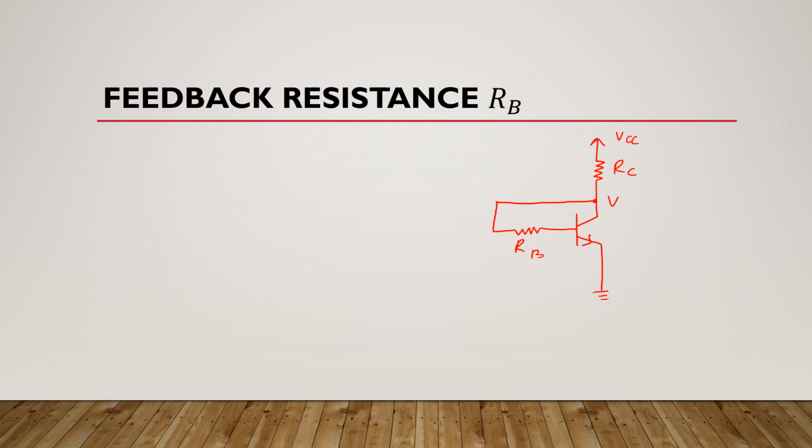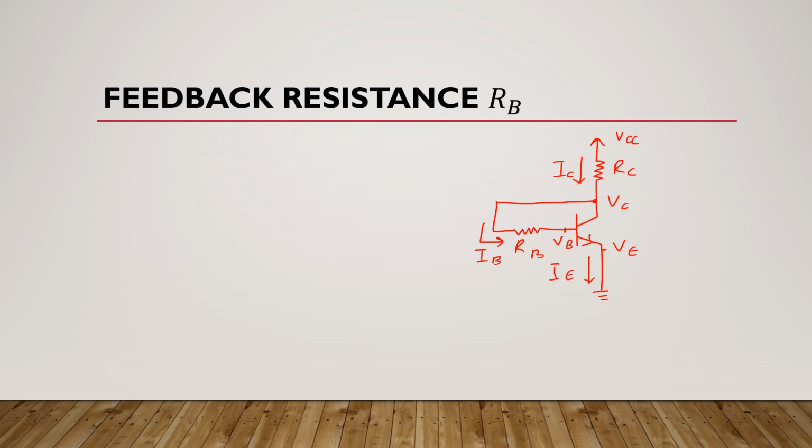Here we have VC, VE, VB, IB flows in this direction, IC flows in this direction, and IE flows in this direction.